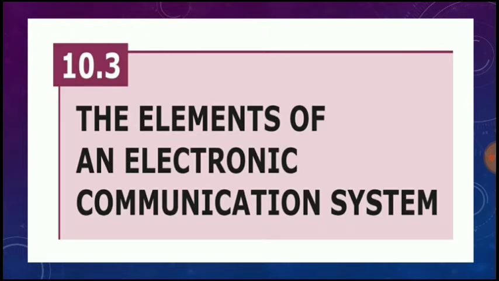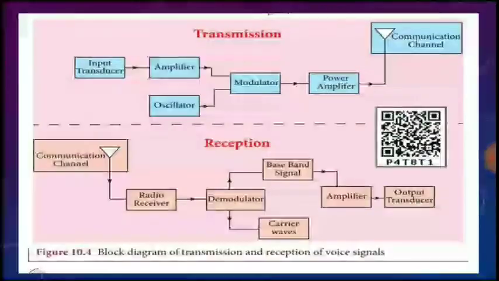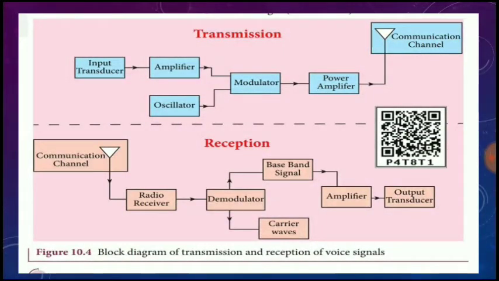Next, the elements of an electronic communication system. Actually, this is a 5 mark question. So this is the block diagram. You should draw that block diagram compulsorily. So this is the transmission, and this is the reception. These are the two sections.